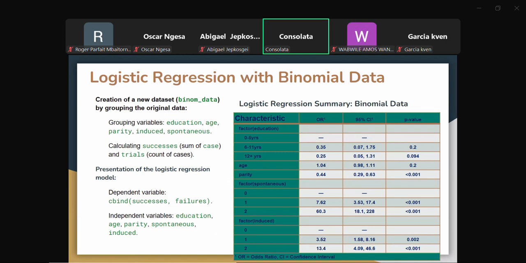meaning that from our definition, parity is the number of pregnancies you've had before. So depending on the number of children you have, which determines maybe the number of pregnancies you've had before, if you have many children, then you're less likely to be infertile. That's the interpretation.